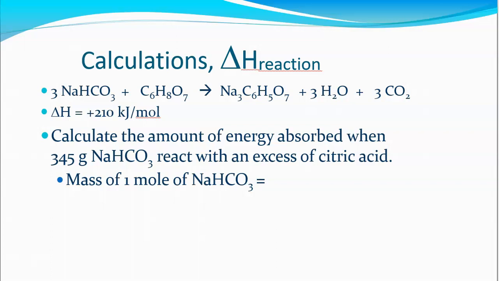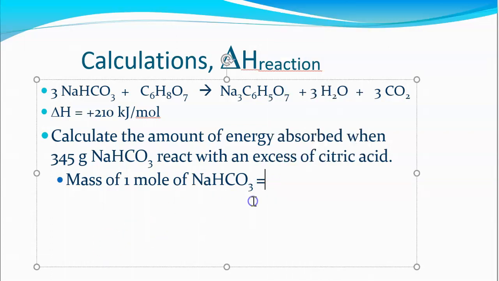Products were higher energy than reactants, so delta H is positive. And so we want to find out what happens when 345 grams of sodium hydrogen carbonate react. Well, you notice delta H is in kilojoules per mole reaction again. So we need to get the moles of sodium hydrogen carbonate.